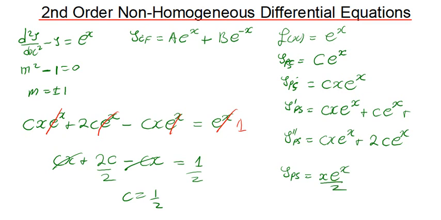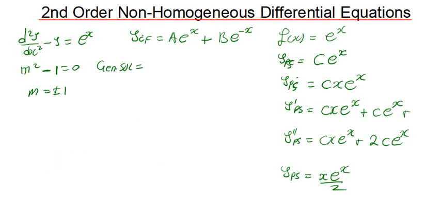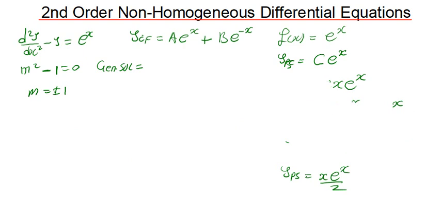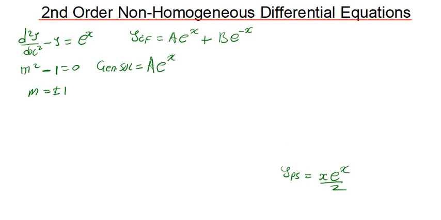Divided by 2. So you can come and say the general solution now. The general solution is going to be equals to my complementary function plus the particular solution that I have already found. So my complementary function is a e to the x plus b e to the minus x.